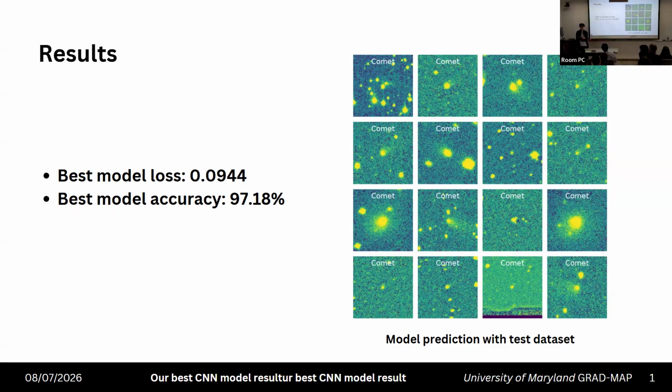Is there any way to filter out anything that is not a comet, or does it have to show all of those things in the images? I don't get the question. Is there a way to filter out anything that is not a comet at the end, after our prediction?